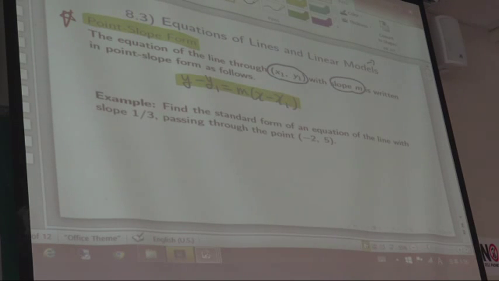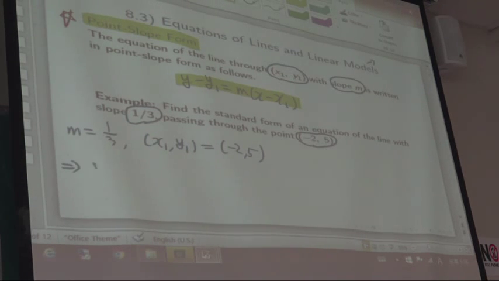Now we will find the standard form of the equation of the line with the slope 1/3 and a point negative 2, 5. Then we can plug this in. So m is equal to 1/3 and x1, y1 is equal to negative 2, 5.